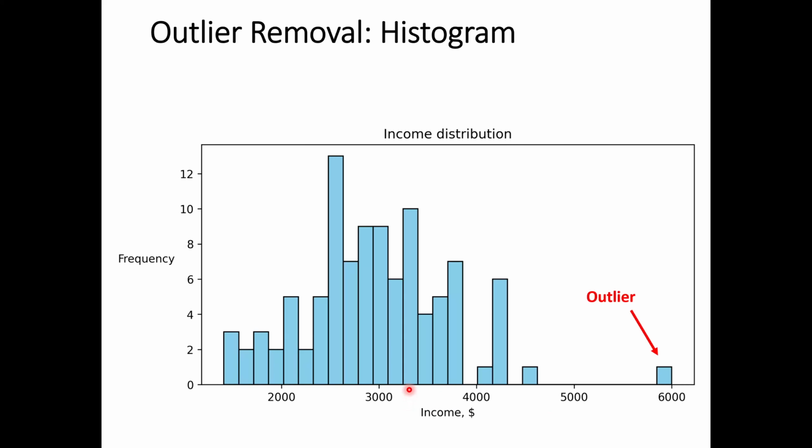For example, in this interval, there are 10 people with that level of income. In this dataset, $6,000 would look like an outlier. Whether this point is truly an outlier is a question that analyst has to decide.